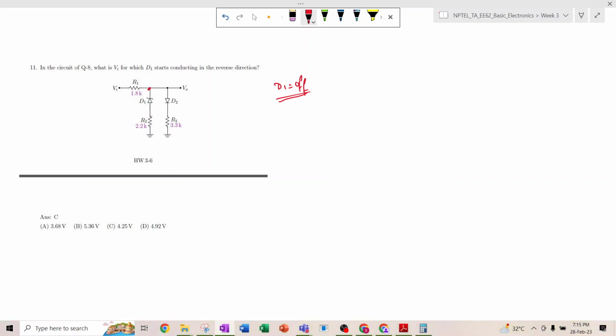Here this is the anode terminal A, and this is the cathode terminal K, right? So when the diode conducts in the reverse direction, then Vk minus Va, cathode minus anode, should be greater than the Zener breakdown voltage, which is 3 volt. So Vk minus Va should be greater than 3, right?